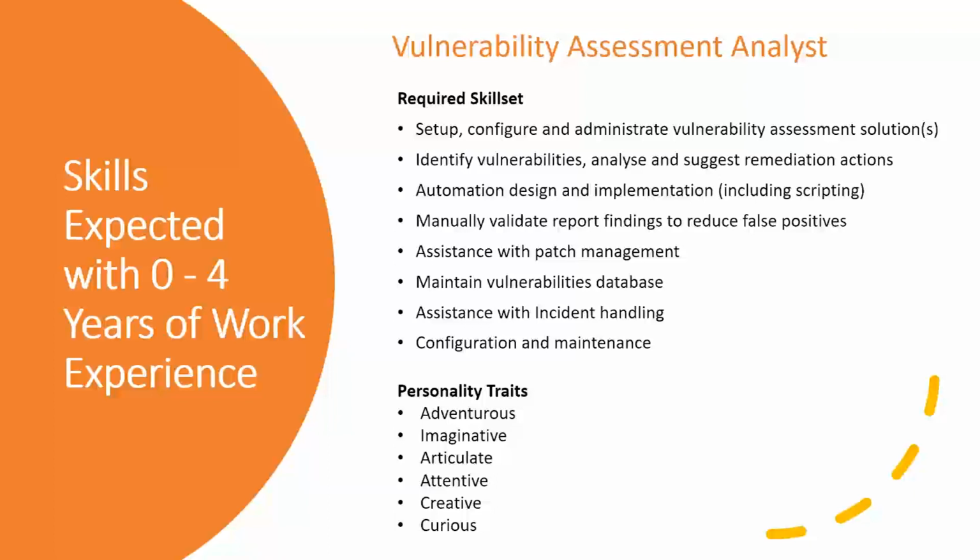The other point is manually validate report findings to reduce false positives. We already spoke about this on item 2, which is when you identify a vulnerability, you have to perform basic checks to make sure that the vulnerability reported in your dashboard or the manual process you're using to identify a vulnerability actually exists.